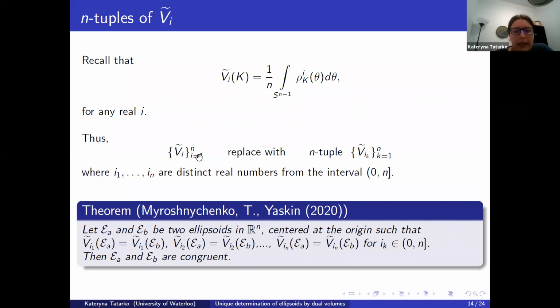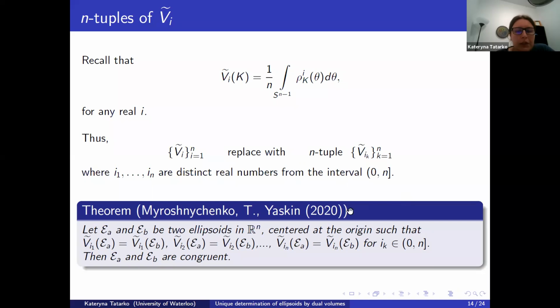Then instead of taking the previous sequence of dual volumes, I can take any n-tuple of dual volumes whose indices now come from a larger interval. For now, let's focus on the interval between 0 and n. In a few slides, I will talk about how we can get outside of this interval. But for now, we will just consider n-tuples of dual volumes whose indices lie in this interval.